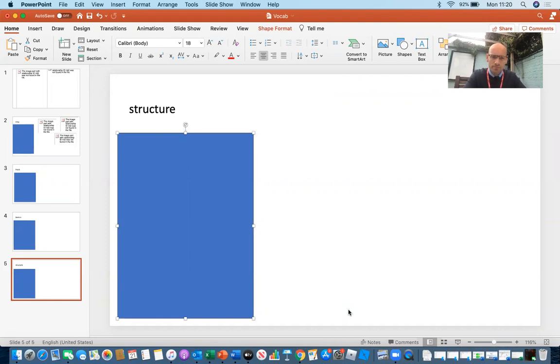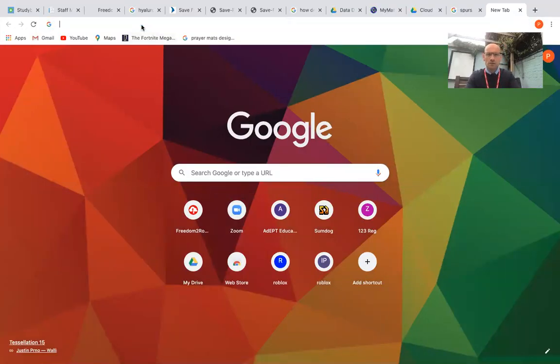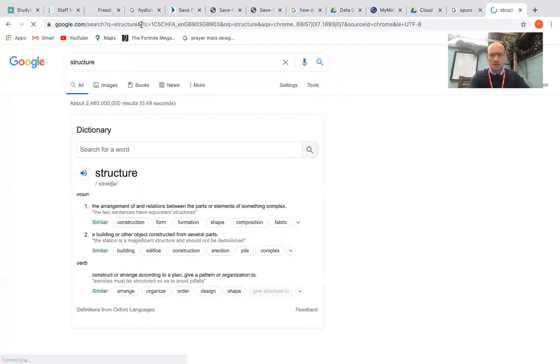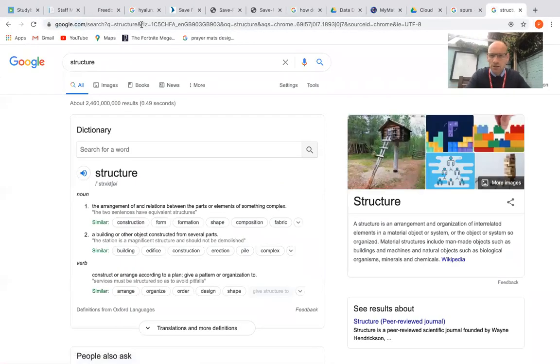So this word here is structure. And just as before, we're going to type the word into our search engine, and there's a definition that comes through: an arrangement and relations between the parts. Well, that's something complex.